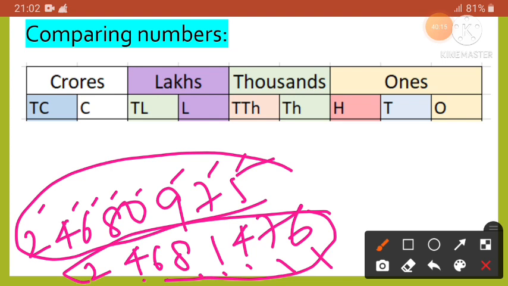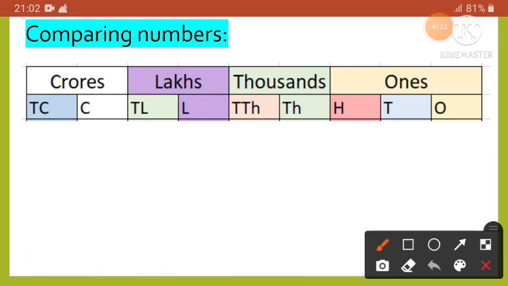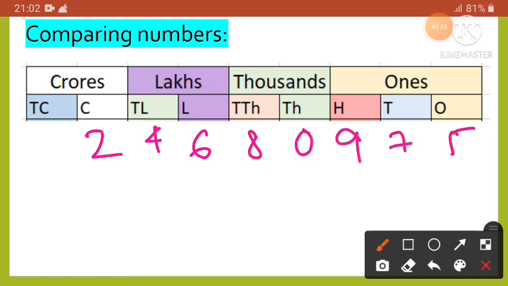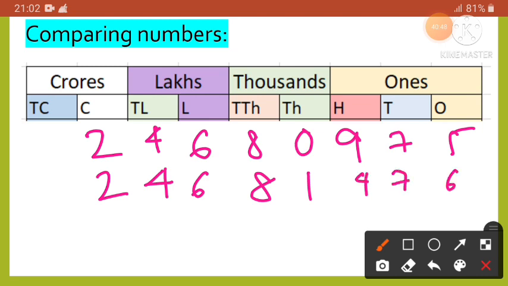So for this we have to write the numbers in the place value chart first. At first we write the first number, 24680,975. The next number is 24681,476. We have to write both numbers under the chart that way.